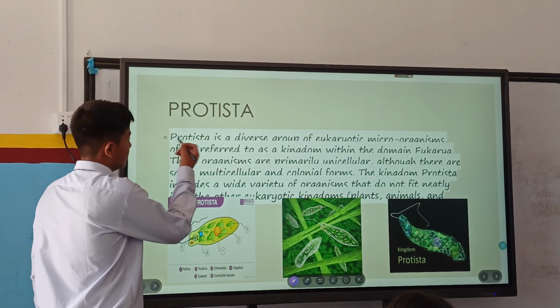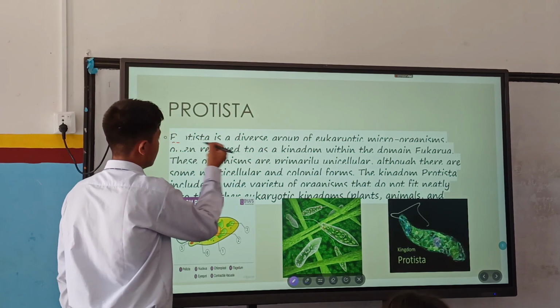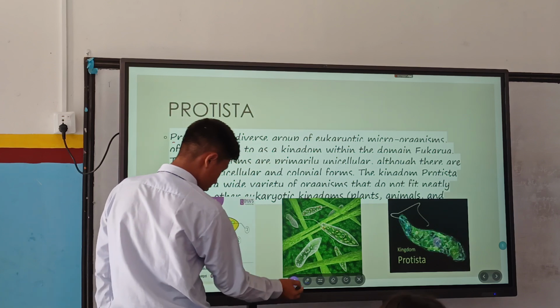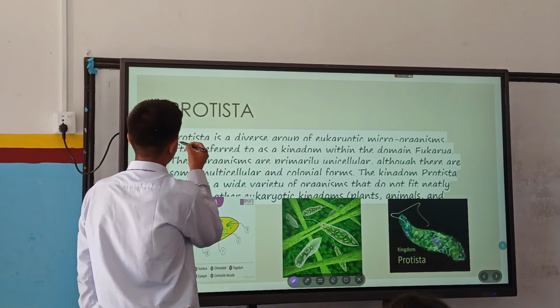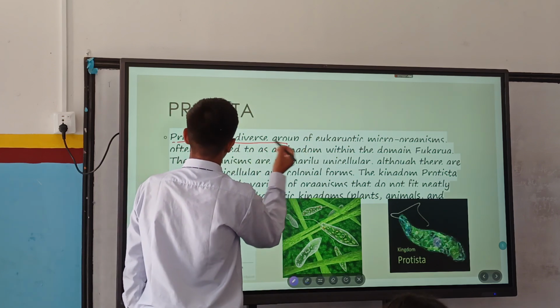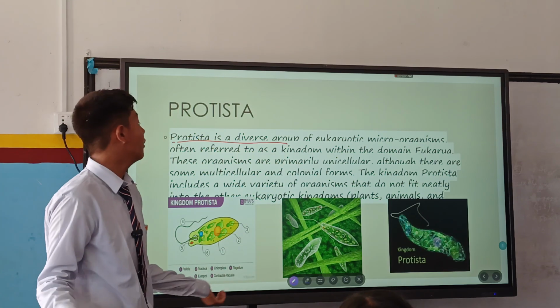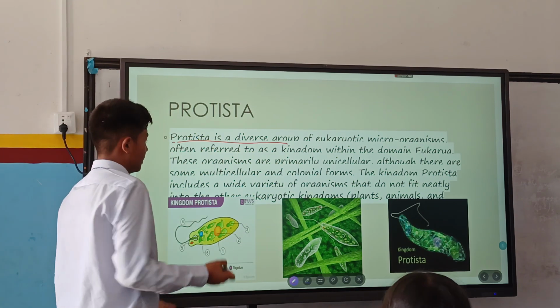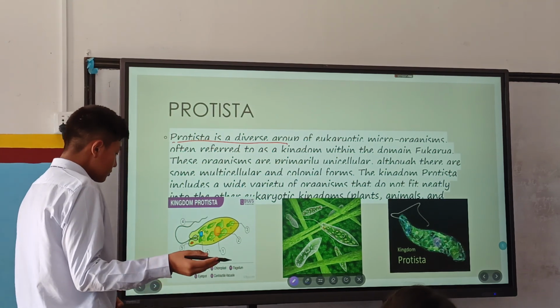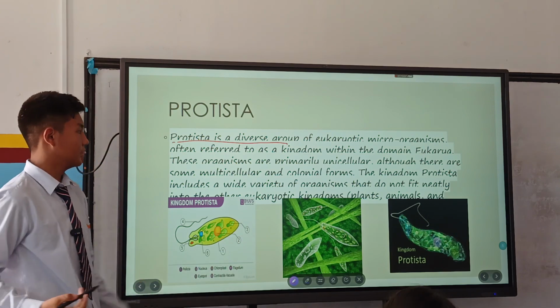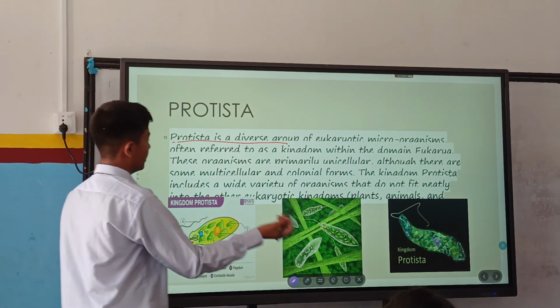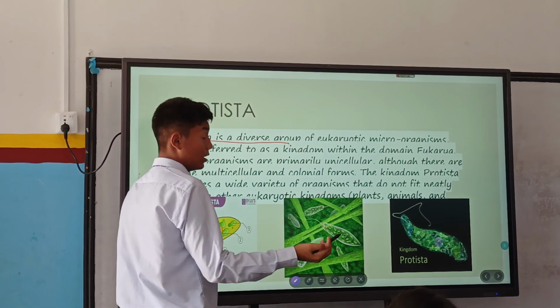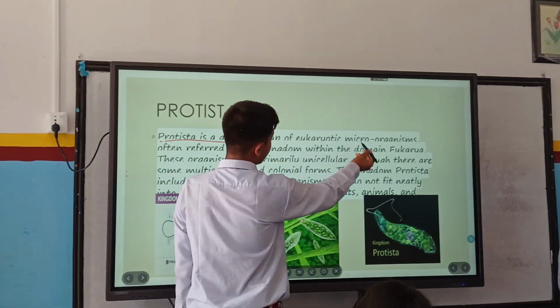As said in this first line, Protista come in a very diverse amount of groups. They are divided into many groups and can be found in a lot of forms.